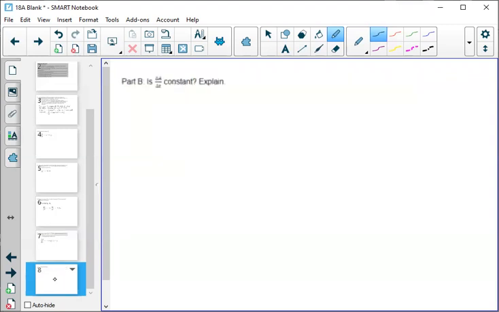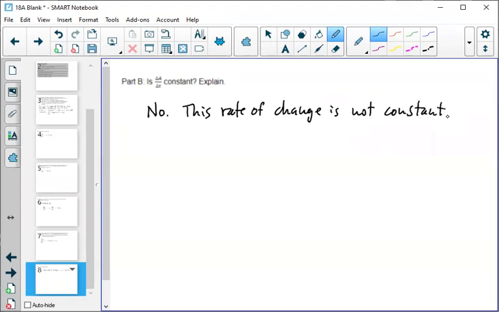Part B says, is delta A over delta T constant? Well, it's not constant. No. You could state this rate of change is not constant because it depends on the values R1 and R2.